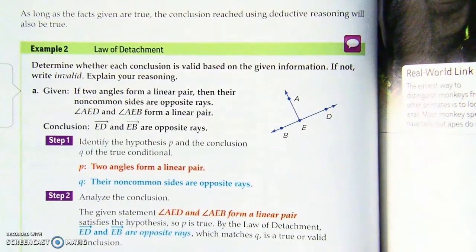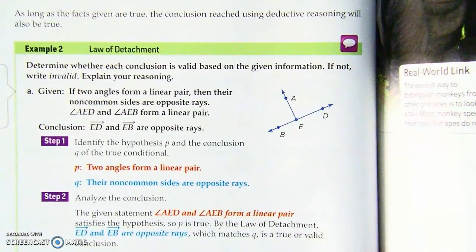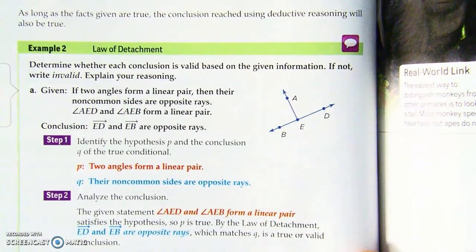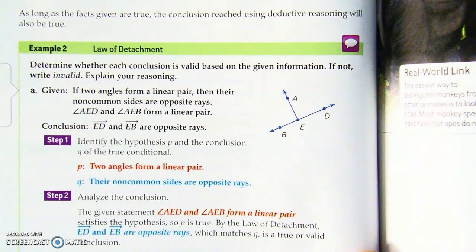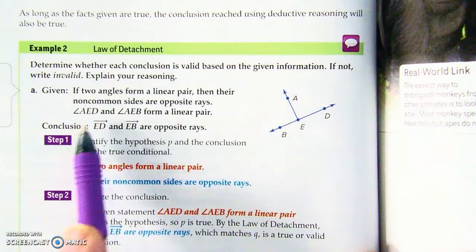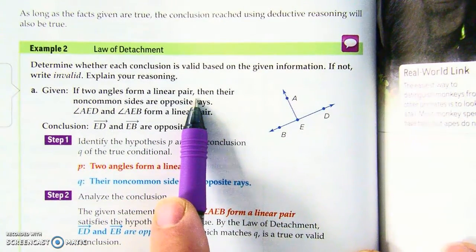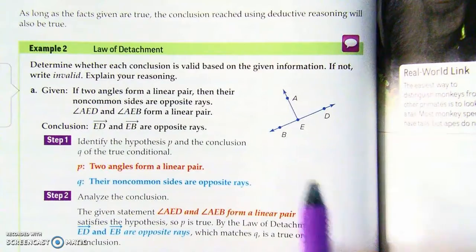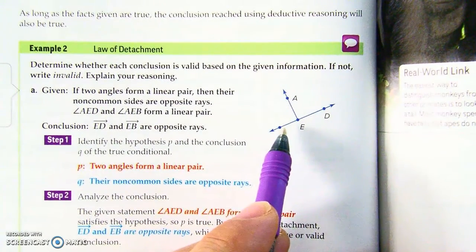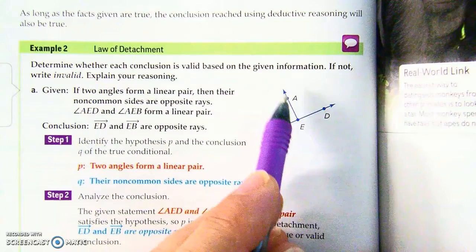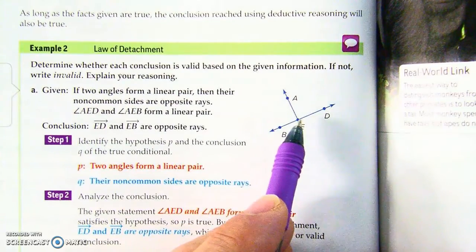So, here we go. Determine whether each conclusion is valid based on the given information. If not, write invalid and then explain your reason. What we're really doing is giving a counterexample. Here's a picture. It says if two angles form a linear pair, I hope you remember what a linear pair is: two angles that add up to 180 degrees and share a common ray.